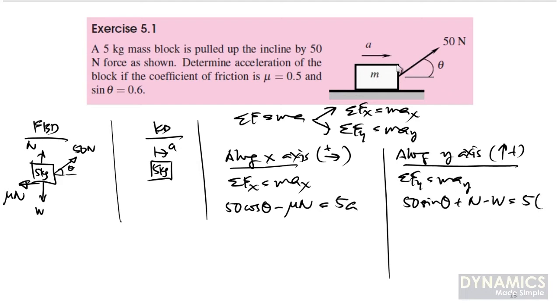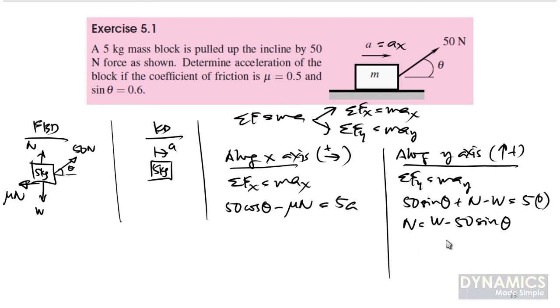In this case, all the acceleration is along x. This is ax. Ay is equal to 0, so this part will be equal to 0. So from this, we will have our normal force, which is equal to weight minus 50 sine theta.